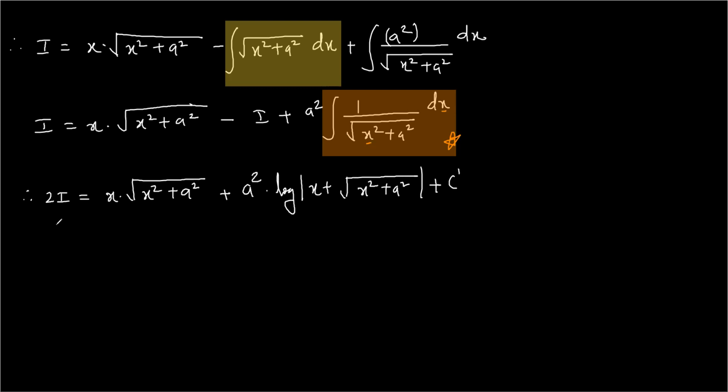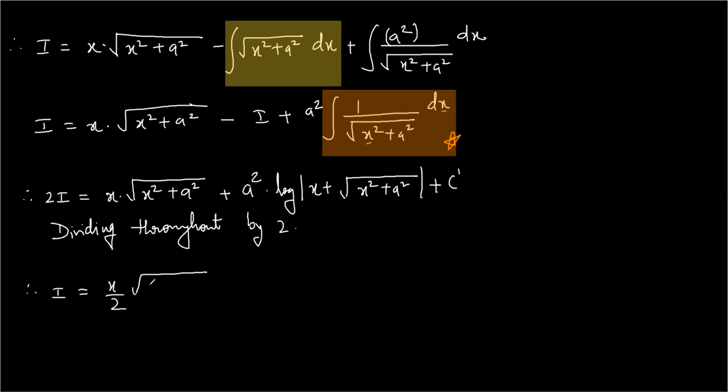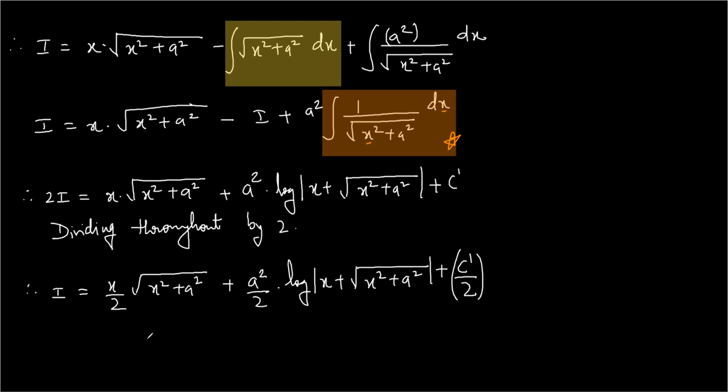Dividing throughout by 2, on both sides, I get therefore 2I upon 2 as I, and when I divide this term, I get x upon 2 square root of x square plus a square, plus a square by 2 log of mod of x plus square root of x square plus a square plus c dash by 2. Now in the next step, this c dash by 2, I will write it as c.